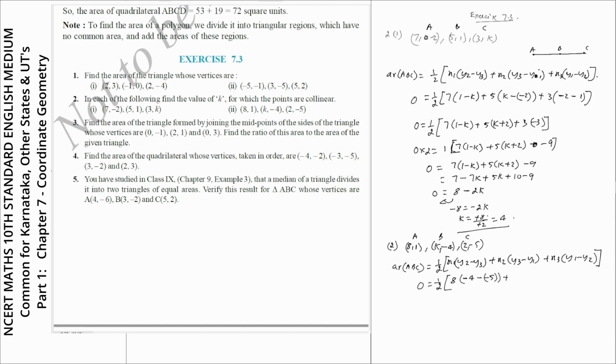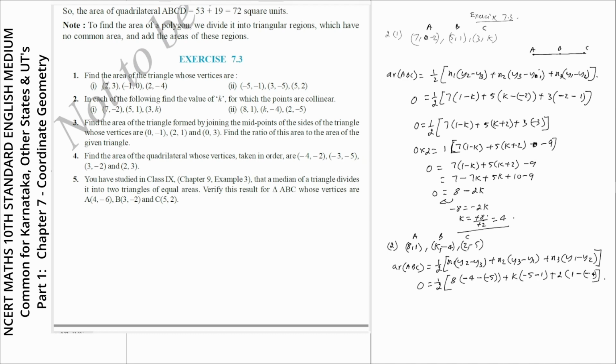Okay, plus x2 is k into y3 minus y3 is minus 5 minus y1 is 1 plus x3 is 2 into y1 minus y2, so y1 is 1 minus y2 is minus 4, so 1 minus of minus 4.